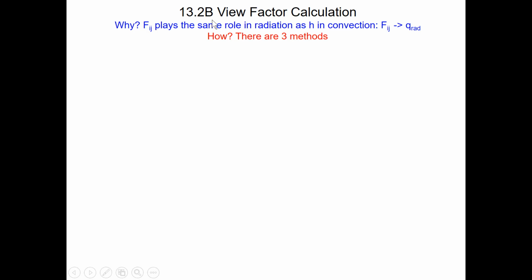B. View factor calculation. Why do I care? This is because view factor plays the same role in radiation calculation as the heat transfer coefficient in convection calculation. We have to know the view factor value to get the radiation heat rate value. But how? There are 3 methods.